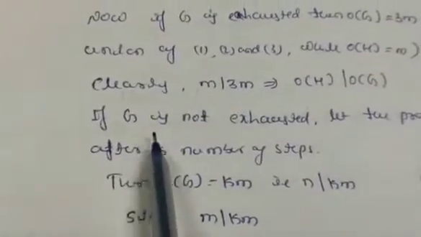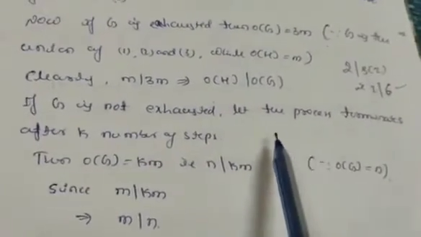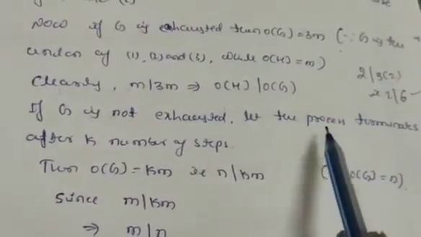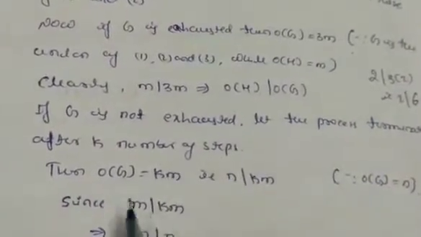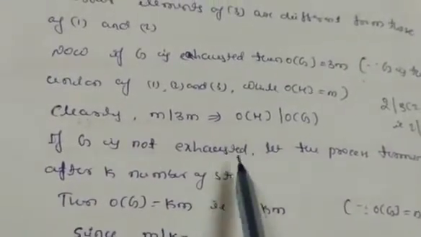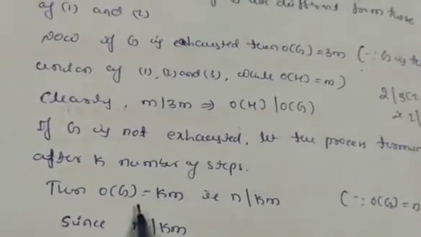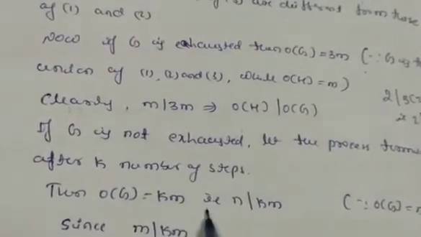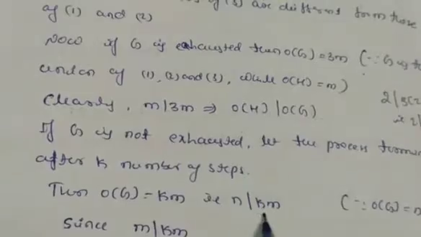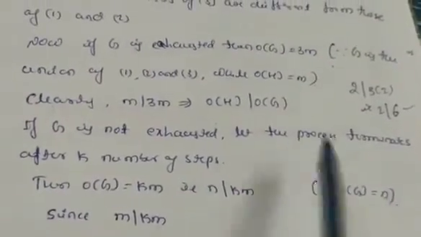If G is not exhausted, and it contains some more elements, then we can repeat this procedure k times. Then we have the order of G equal to km, that is, the union of k equations. We know that n divides km, because the order of G is n, which we have taken.